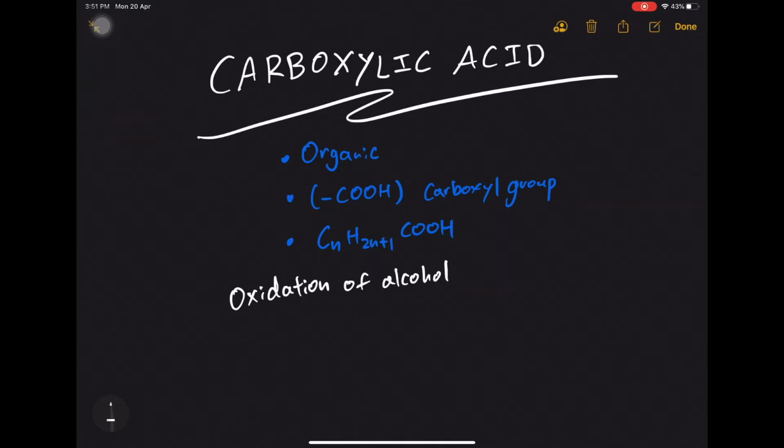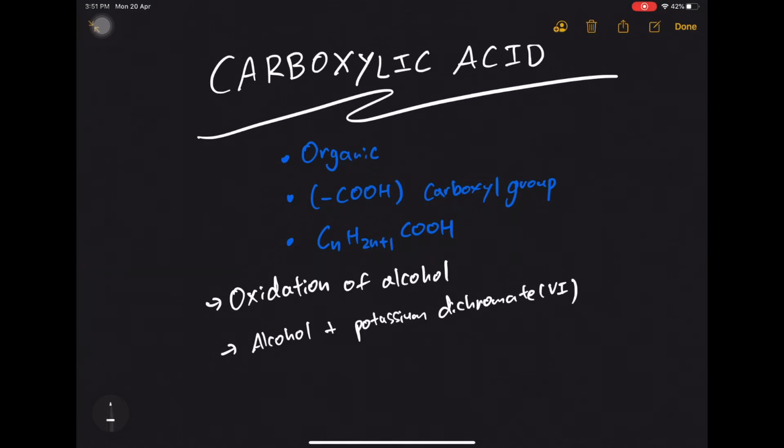Or you can heat your ethanol or your alcohol. So we can add alcohol plus potassium dichromate. And take note that it's acidified potassium dichromate. So these are the two ways to get your carboxylic acid.